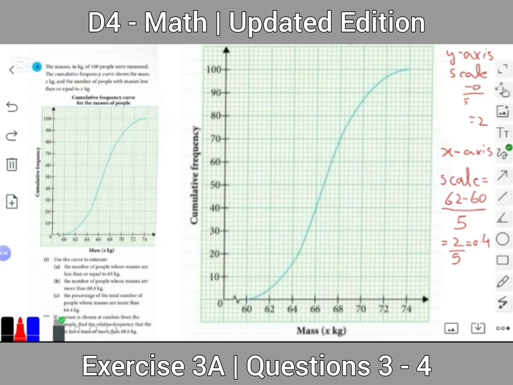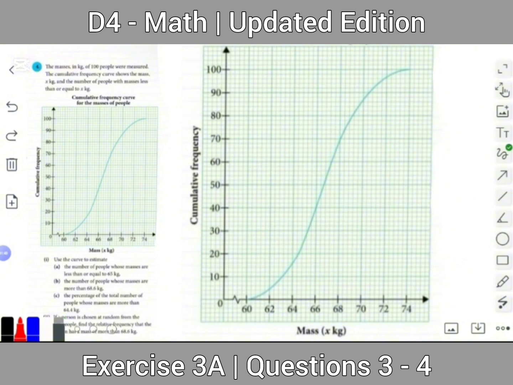Now we can easily solve part 1a. So we will use the curve to estimate the number of people whose masses are less than or equal to 65 kg. So for this, the scale along the x-axis is 0.4 units for each square.